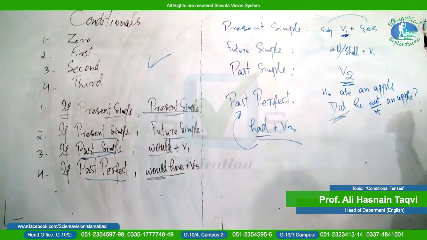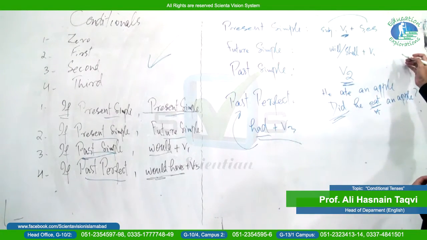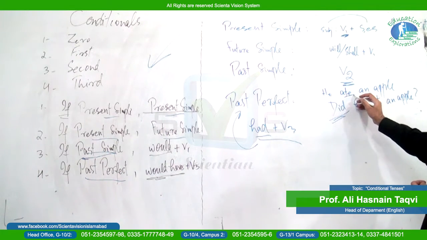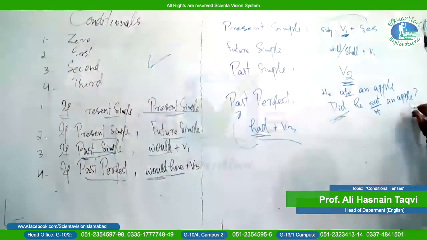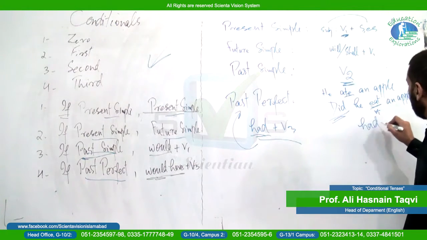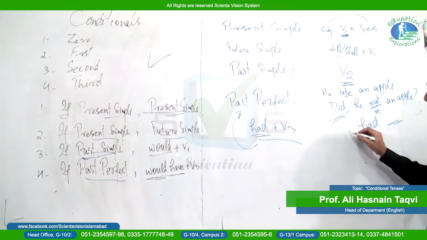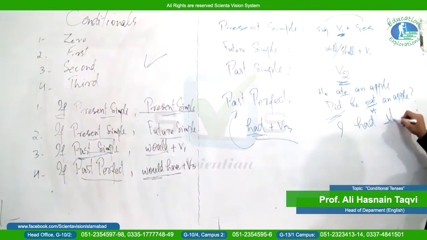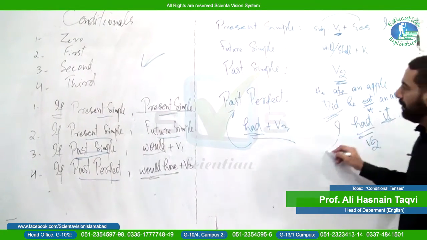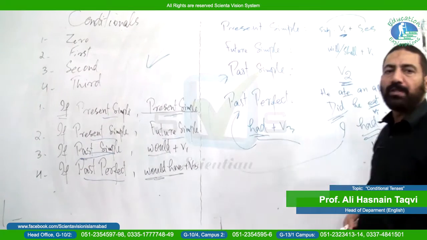Then again, if I say, let's say this one, had. If with had, I don't use another V3, and I say I had it, this is V2 now, and that means you should label it as past simple.